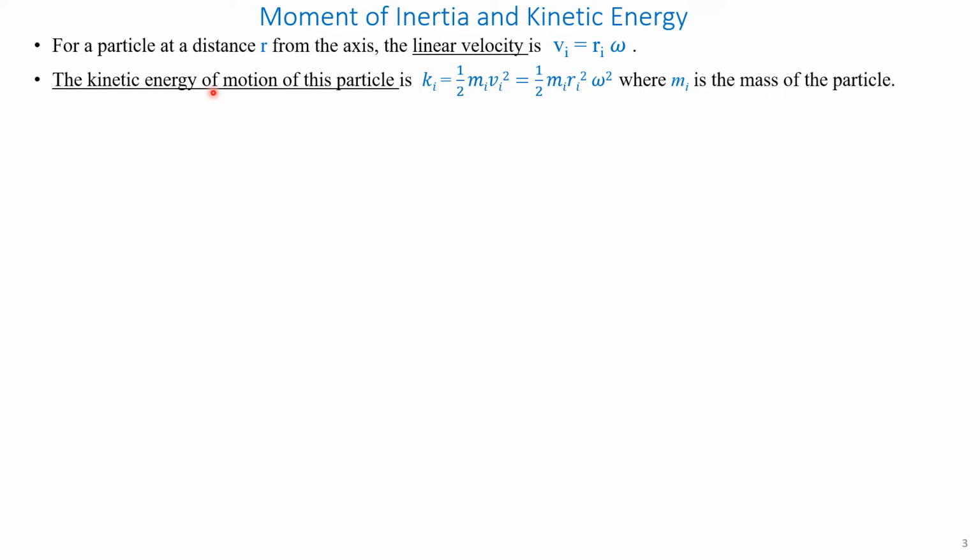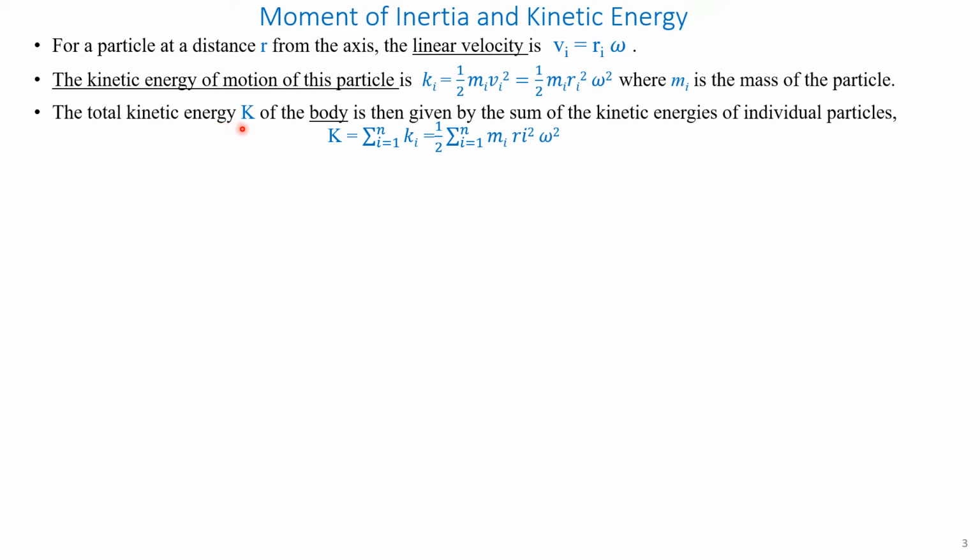The kinetic energy of this particle, as we have studied in our previous videos, is given by Ki = half mi vi square, or half mi ri square omega square, where mi is the mass of the particle.